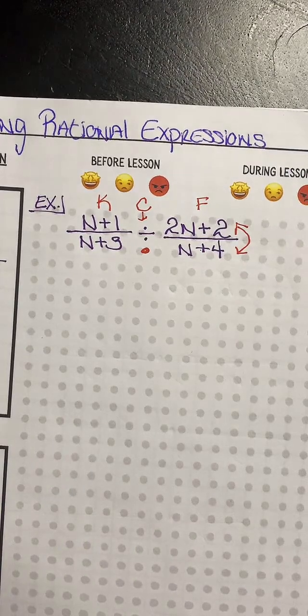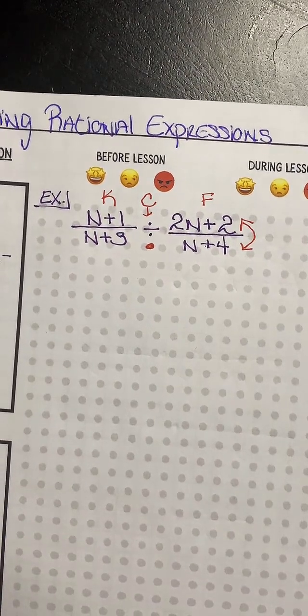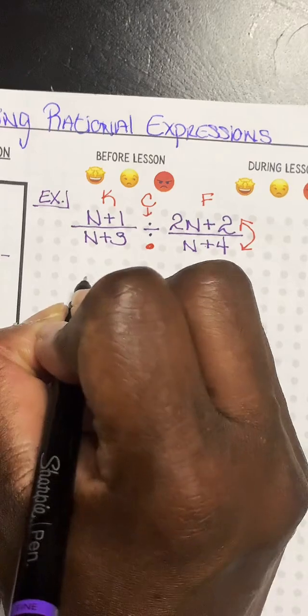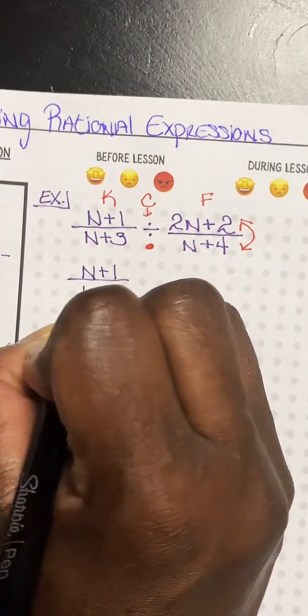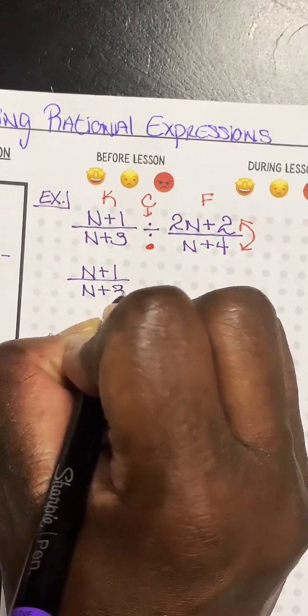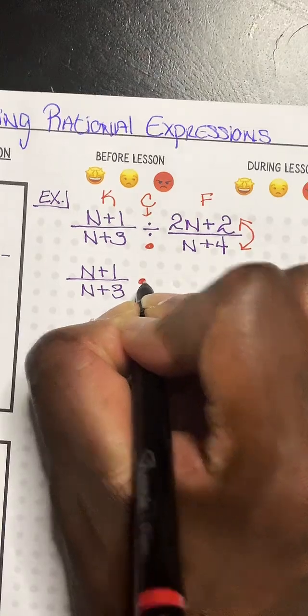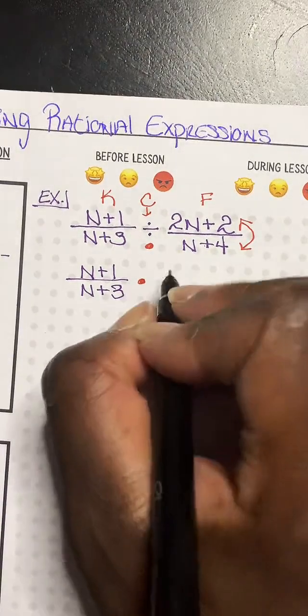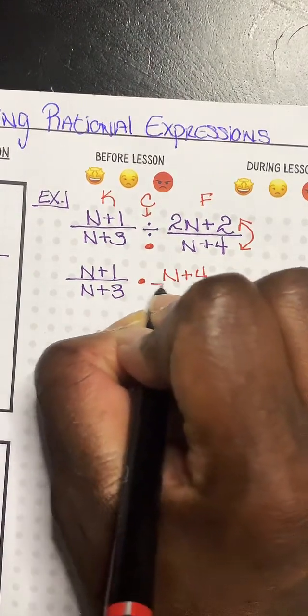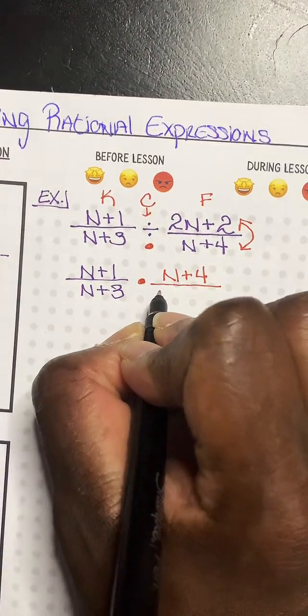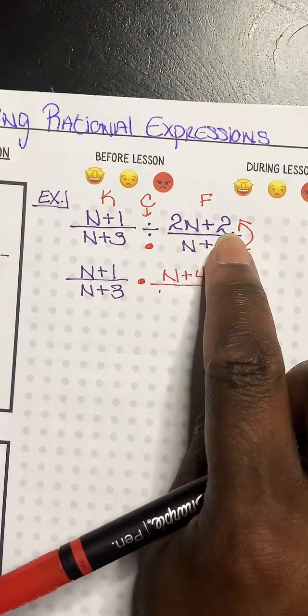that second ratio. Okay? So if I write it out, it's going to be n plus 1 over n plus 3. Change it to multiplication. And then it's going to be n plus 4 over 2n plus 2.